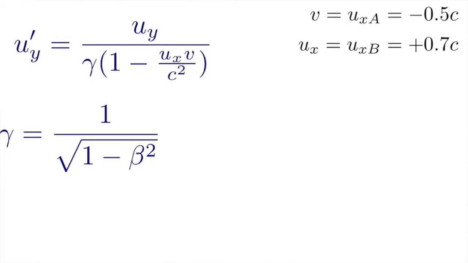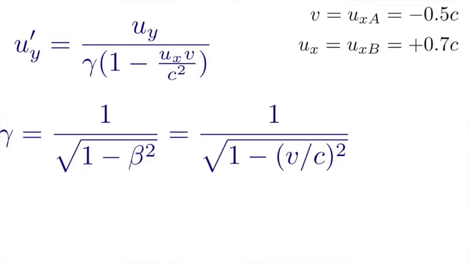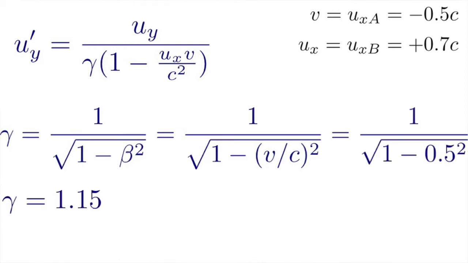And we have to calculate first gamma. Be careful here because gamma, which is 1 over the square root of 1 minus beta squared, this beta is the velocity of the reference frame, v. So that beta is v divided by c, which in our case is 0.5 because that's the velocity of the reference frame with respect to Jakku.